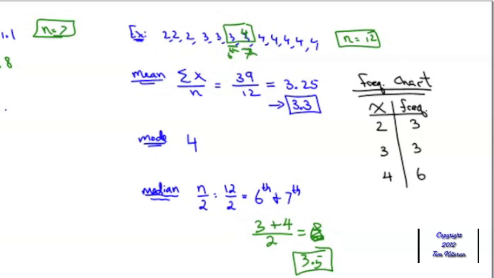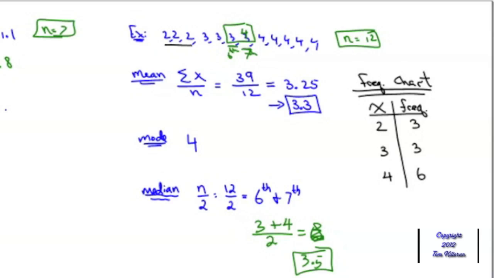Most people that see this chart confuse the frequency as data, and it messes up a bunch of answers. Now, if we're looking at this frequency chart, and I want to find the mean, I want to add up all the values, but all I have is this 2, 3, 4, and 3, 3, 6. So I need to figure out a way of doing that. When you type this into your calculator, did you type in 2 plus 2 plus 2? No. What did you type in? 2 times 3.